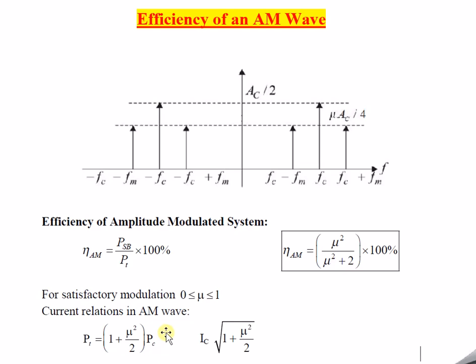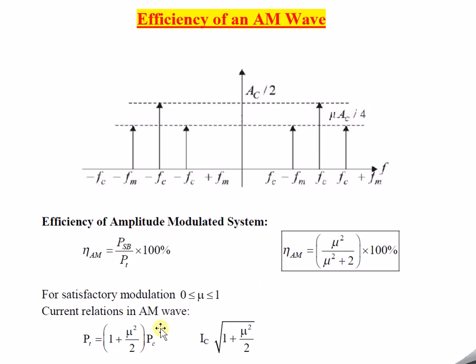If you know power, then directly we can calculate it in terms of voltage and current. We can derive: IT equals IC into square root of 1 plus mu square by 2. This is an important thing. If you know voltage and power, then definitely you can derive current. Voltage means AC or AM, which is the amplitude, measurable in terms of voltage itself.